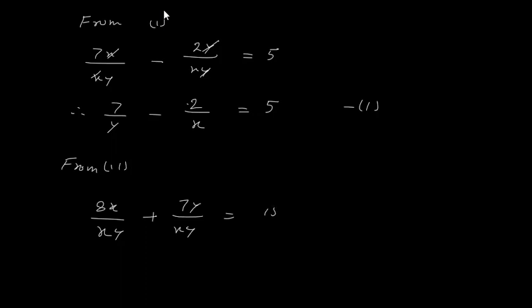Now this x and x will cancel, and here y and y will cancel. So therefore I have 8 upon y plus 7 upon x is equal to 15. This is my second equation.